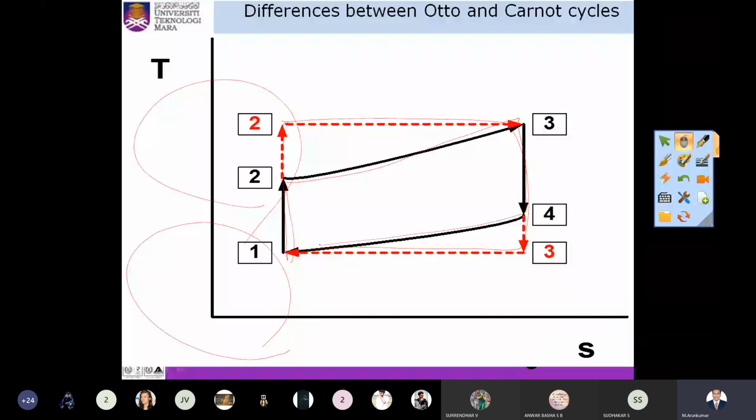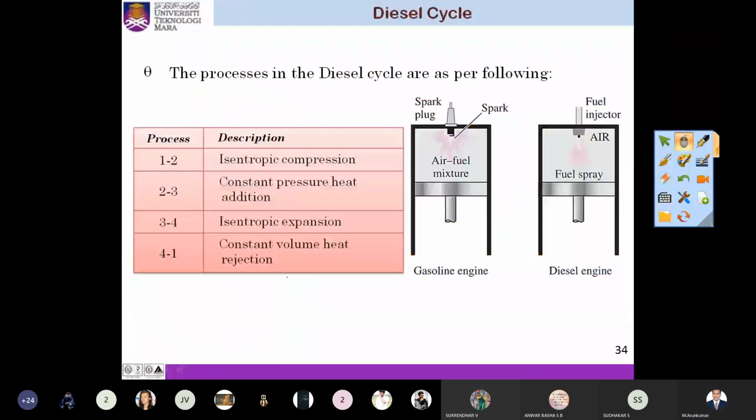So this is the comparison. We can take the Carnot cycle as a standard to achieve this Otto cycle. Remember that the Carnot cycle is an impossible cycle, but we can take it as the standard for all the other cycles. Right. So we can stop here.